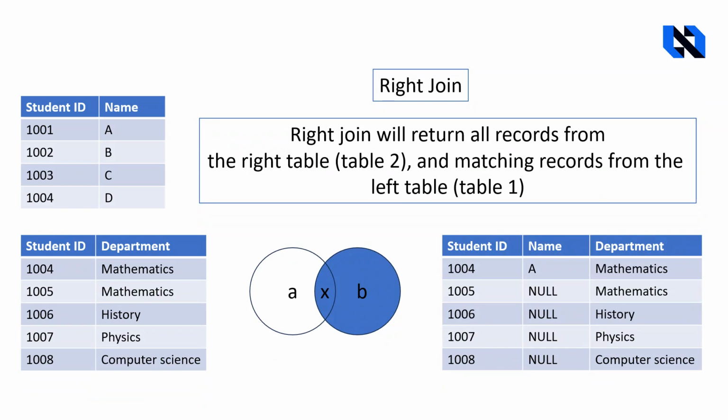Hence, 1005, 1006, 1007, 1008 would all return null as the student name. However, we do have their corresponding departments from the left table in our case here, which are mathematics, history, physics, and computer science. So it's just a little difference between the right join and the left join.